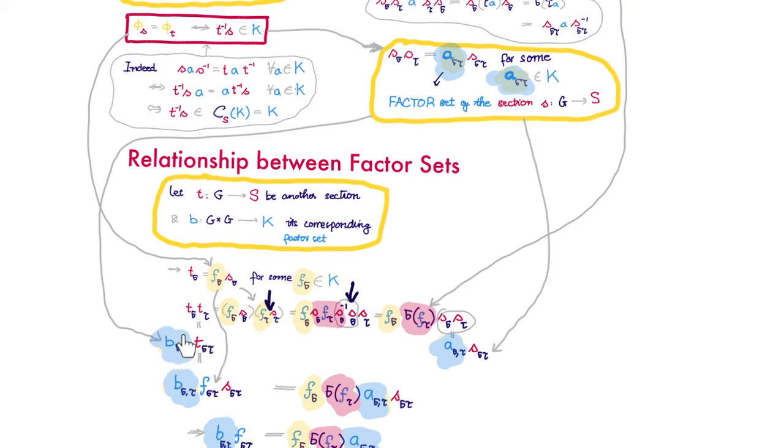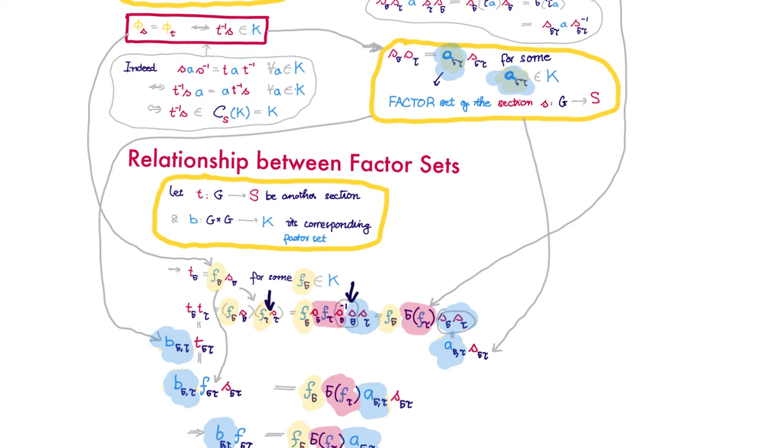Now we want to relate this factor set B sigma tau to this factor set A sigma tau. So we want to make this A sigma tau appear here, and for that we need to have S sigma S tau next to each other. Thus we just perform a little trick and insert here a factor S sigma inverse S sigma. So then this S sigma S tau becomes A sigma tau times S sigma tau. So we got this factor set.